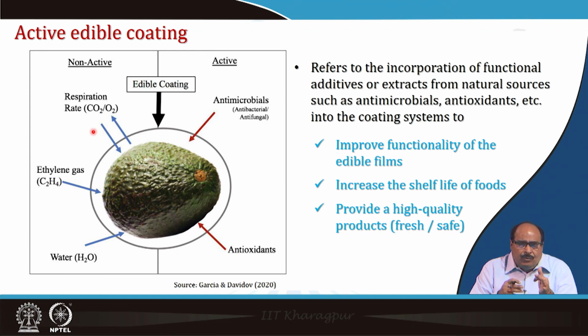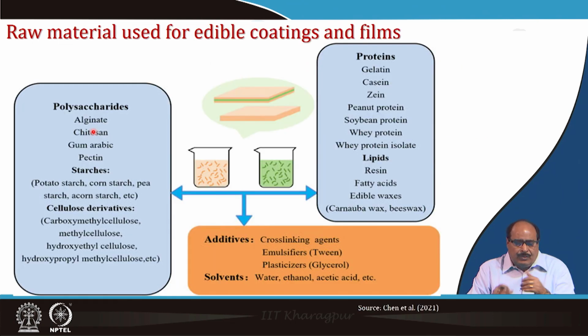But the non-active coating just simply controls the O2, CO2 and water vapor permeation in and out. Raw materials generally used for making coatings and films may be polysaccharides like alginates, chitosan, gum arabic, pectins, etc., starches like potato starch and corn starch, even cellulose derivatives like carboxymethyl cellulose and methyl cellulose.